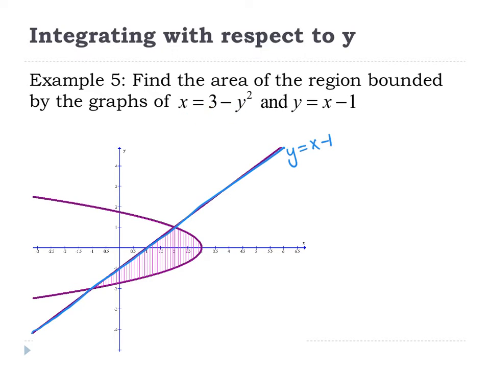So it's essentially shifted 3 units to the right, which is where the vertex is, and then it's concave kind of left, I suppose you could call it. If you just tilt your head sideways, you can see what this looks like. We've got our vertex here at (3, 0), and this is the equation x equals 3 minus y squared.